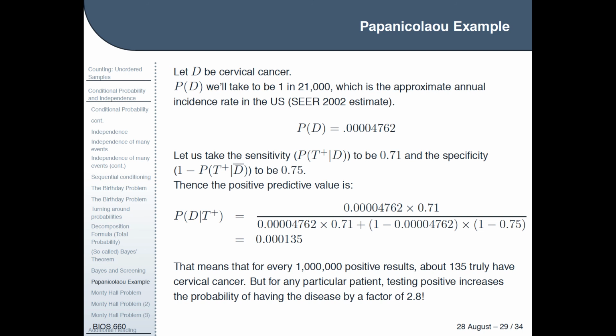And the sensitivity of the test, which is the probability that you get a positive test given that you have cervical cancer, is going to be 0.71, and the specificity, which honestly 1 minus the specificity is usually more informative, which is the probability of getting a negative test given that you don't have the disease, is going to be 0.7.